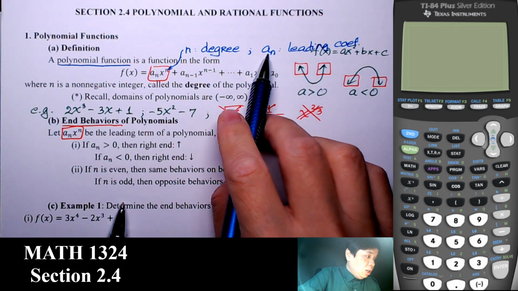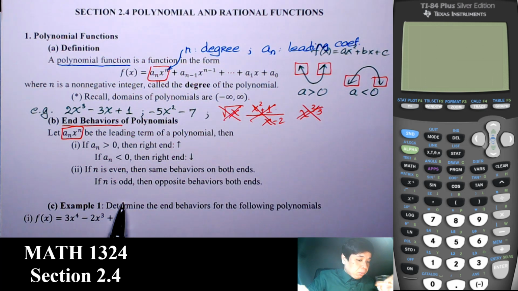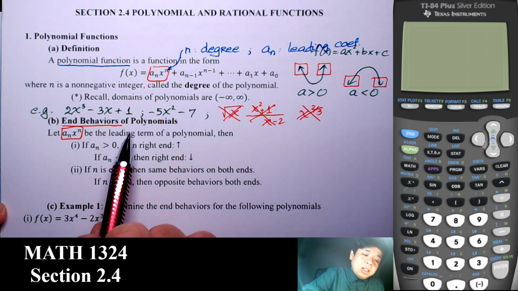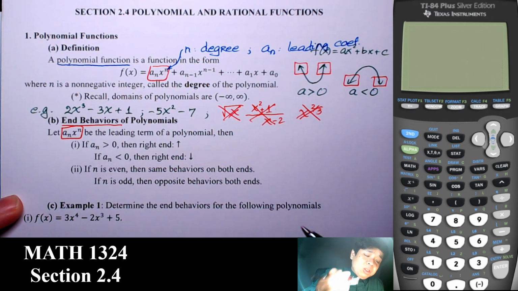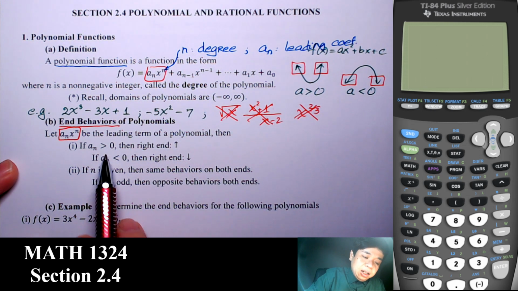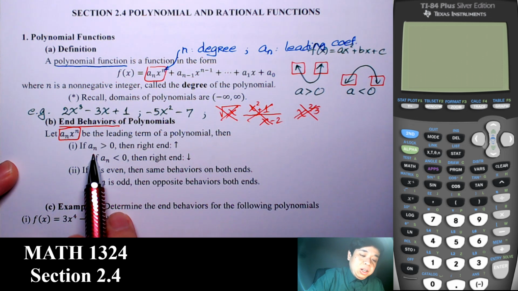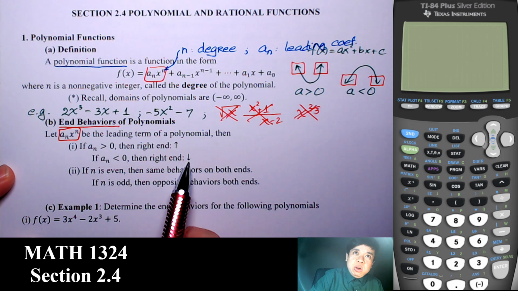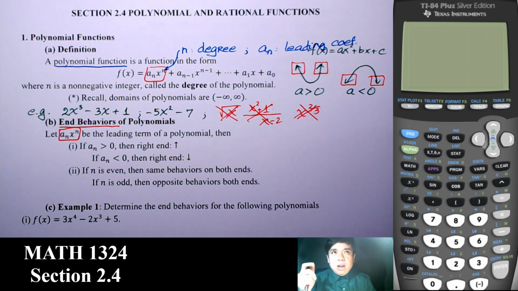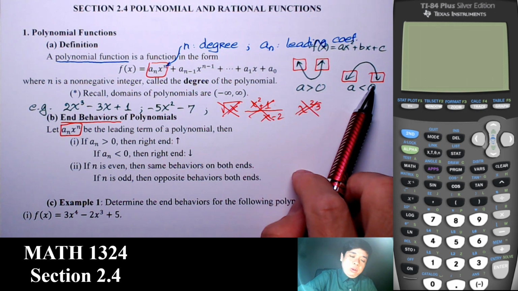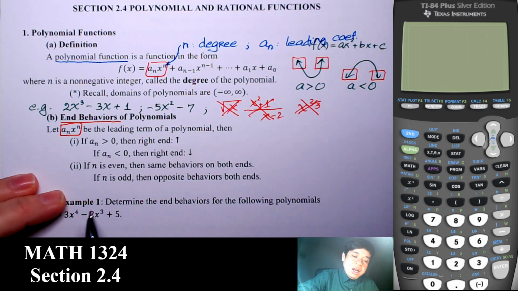So a sub n is the leading coefficient, and n is the degree. For every polynomial, we just focus on the highest power term and then on its coefficient. If it's positive, the right end is up. If it's negative, the right end is down. So focus on the right end first: positive, going up; negative, going down. And then we base it on the degree.